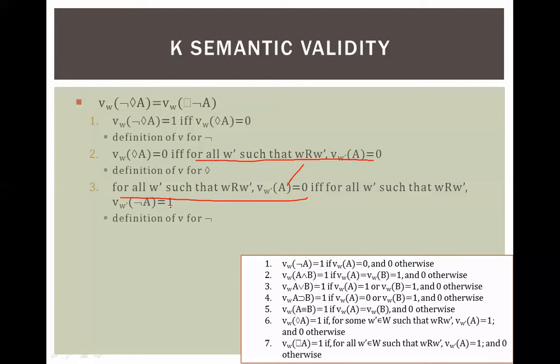And that's this right here, right? So in other words, here's what you've got going on. You have a world W and a world W prime, and for all of these W primes that W is related to, A is false, and if A is false at all these worlds, then not A is true.